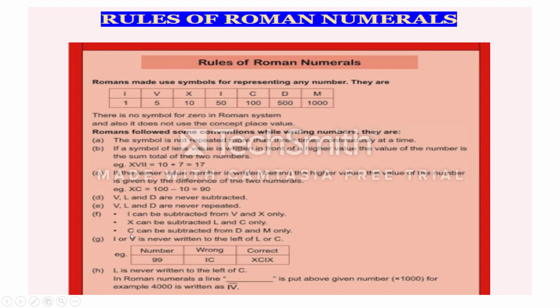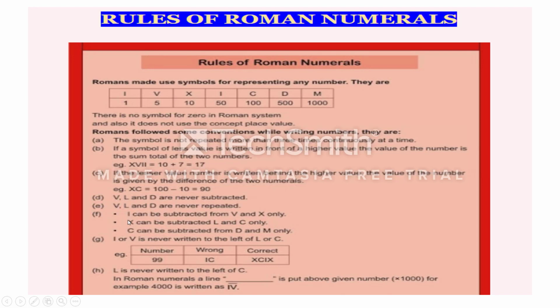Then C means 100 and it can get subtracted from D and M, that is 500 and 1000 only. And I and V are never written to the left of L or C. That means I can only be subtracted from V and X. I can write IV, I can write IX, but I cannot write IL or IC.